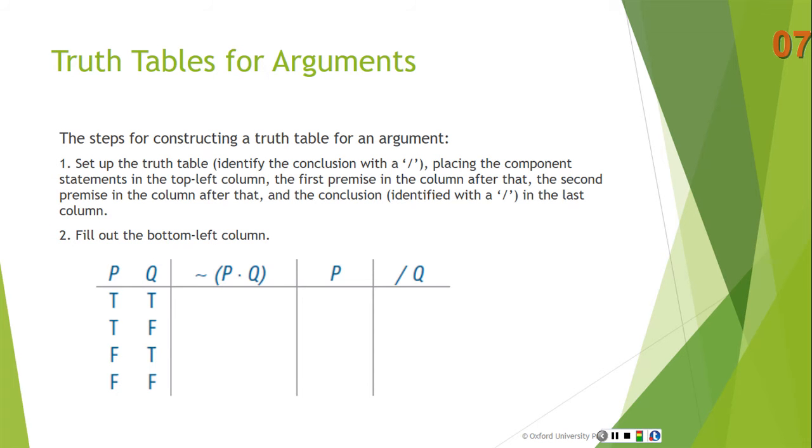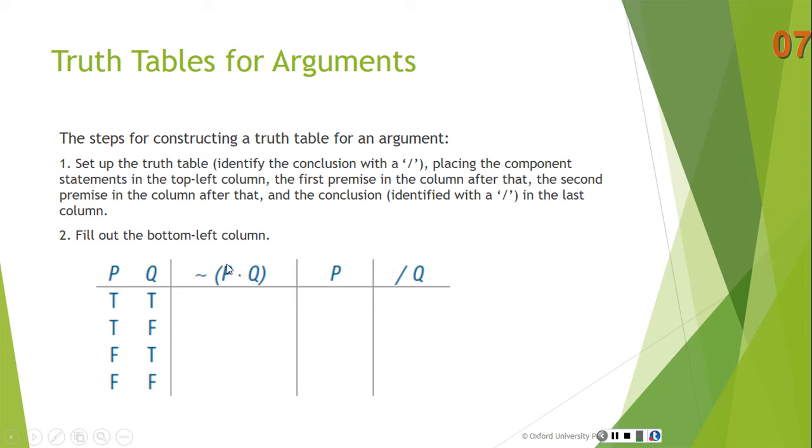The steps for constructing a truth table for an argument. First, you set up the truth table and you identify the conclusion with a forward slash, placing the component statements in the top left column, right here. Look through this argument. This is premise 1, this is premise 2, this is the conclusion.